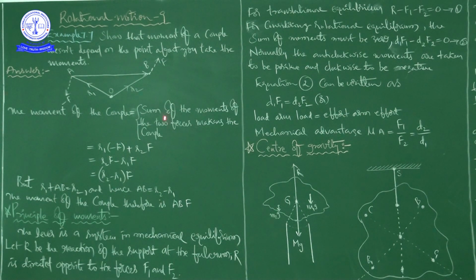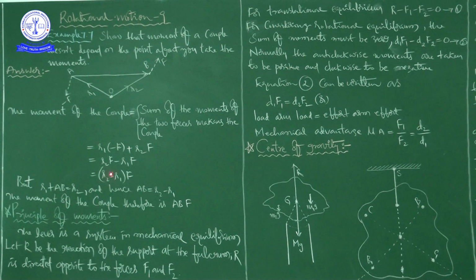We can write it as R1 into minus F plus R2 into F. This is minus F and this is F. Finally you can write R2F minus R1F, that is, R2 minus R1 into F. So the moment of the couple is R2 minus R1 into F.